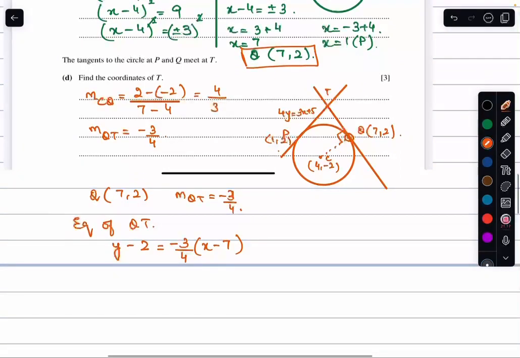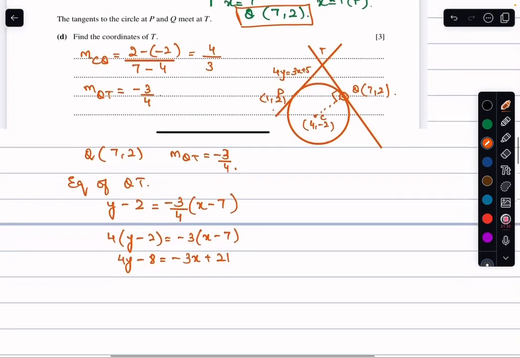So with that, this equation becomes 4 times y minus 2 equals negative 3 times x minus 7, or 4y minus 8 equals negative 3x plus 21. Or I can say 4y is equal to negative 3x plus 21 plus 8, and 4y is equal to negative 3x plus 29. So this is going to be the equation of QT.